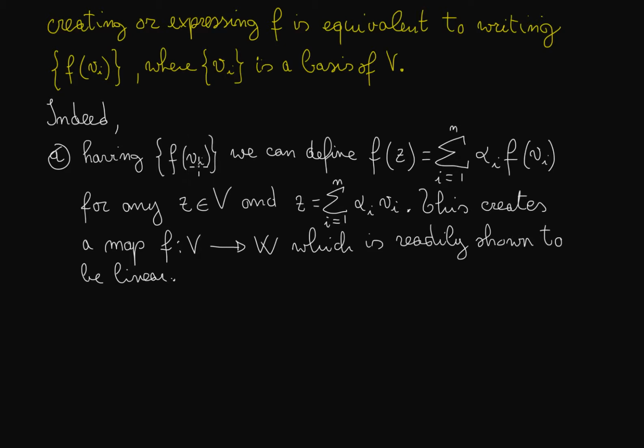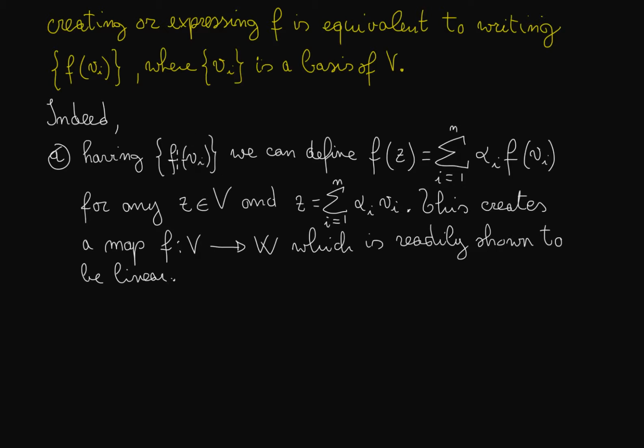The f of vi's are just any generic elements in the codomain. They can be all vanishing, they can be all the same element, they can be whatever. It doesn't matter at all for the argument I'm going to make. These are just n randomly chosen elements in the codomain.